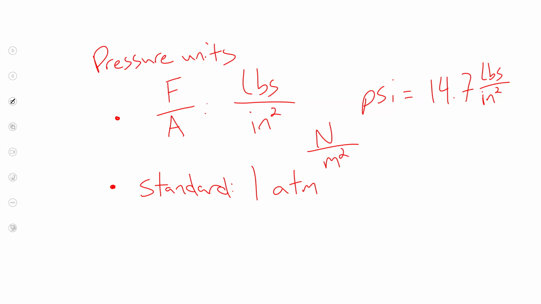So a Newton per square meter is another common pressure unit that's based around the same, it's a force divided by an area. But in the nature of SI, instead of calling it newtons per square meter, we give it a new name. We call it a Pascal.